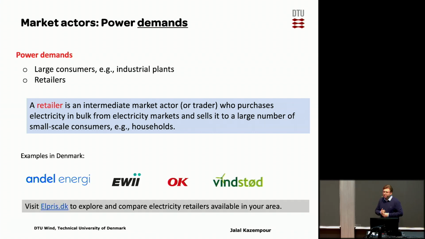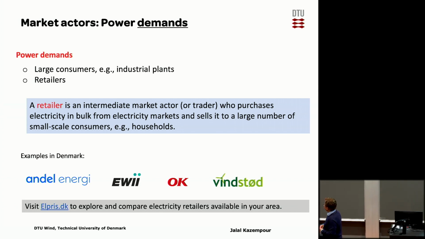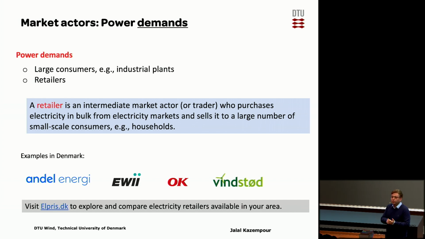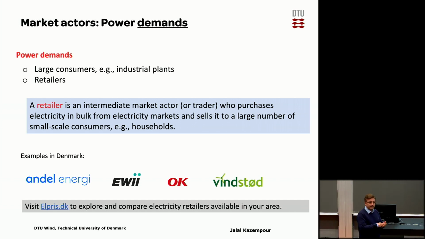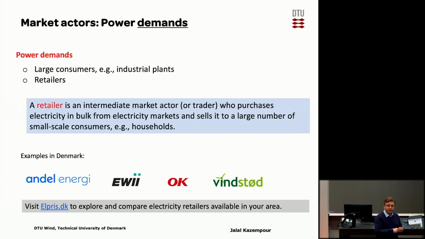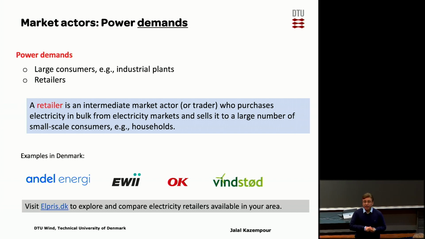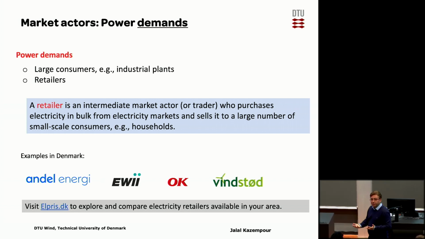So examples of retailers in Denmark are Andel, Evi, Oku, Winstall, and others. On this website, elpris.dk, you can insert your postal code and then see what retailers are available for you. Sometimes even one retailer offers different types of contracts to you.